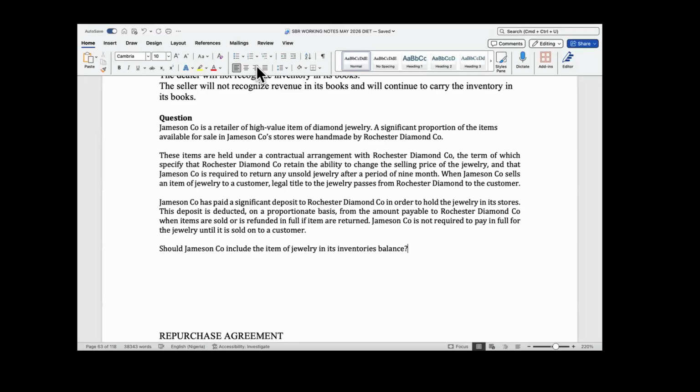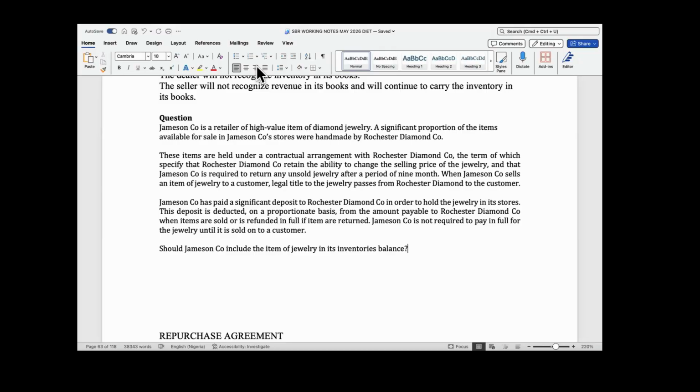When James Co. sells an item of jewelry to a customer, legal title to the jewelry passes from Rochester Diamond to the customer. James Co. has paid a significant deposit to Rochester Diamond Co. in order to hold the jewelry in its stores.